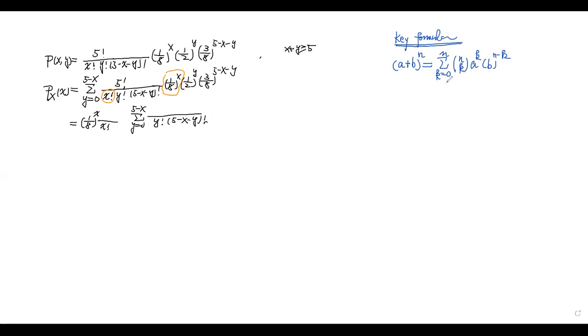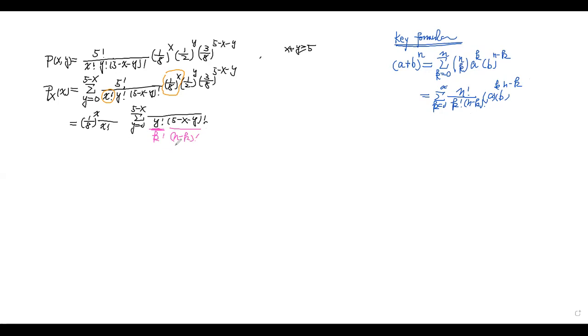In order to match, maybe I will write out this one here. This is a summation over k from 0 to n of n factorial over k factorial times n minus k factorial, times a to the k and b to the n minus k. Now I try to match this formula. This is like your k factorial, and this one is like your n minus k factorial.